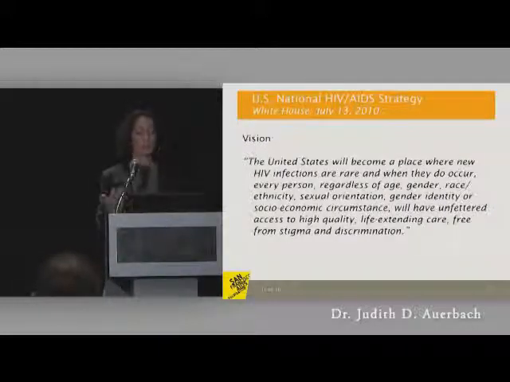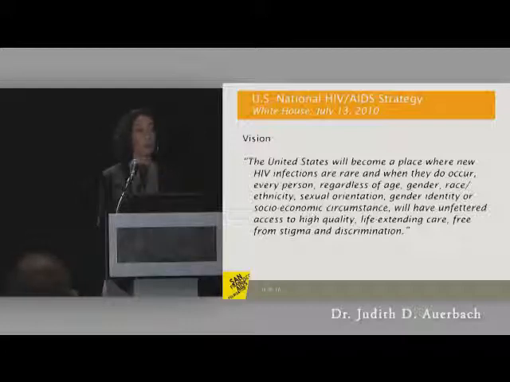The United States will become a place where new HIV infections are rare, and when they do occur, every person, regardless of age, gender, race, ethnicity, sexual orientation, gender identity, or socioeconomic circumstance, will have unfettered access to high-quality, life-extending care free from stigma and discrimination. You would never have heard that in the most recent past regimes.